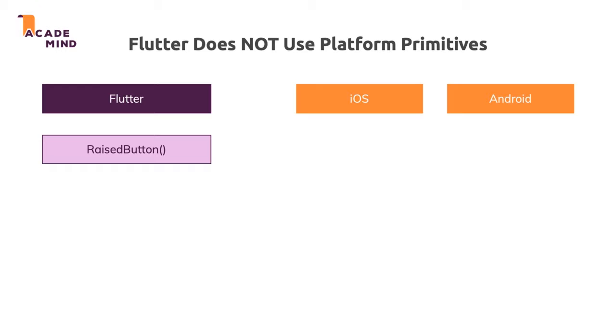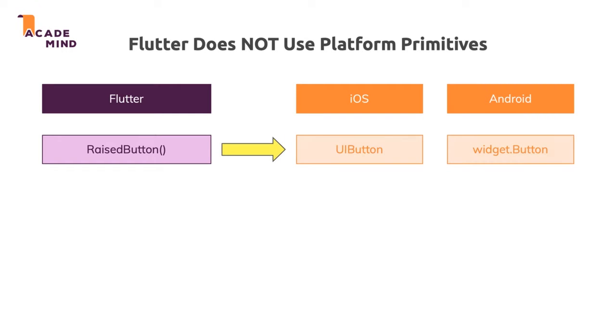Now, you could think that what happens when the code gets compiled to that native code is that this raised button is translated to, hey, iOS, please give me your default button, which would be a UIButton element in the iOS development world, and for Android, a widget.button, that we get these native buttons, which are of course part of the native development environments. And that's not what happens.